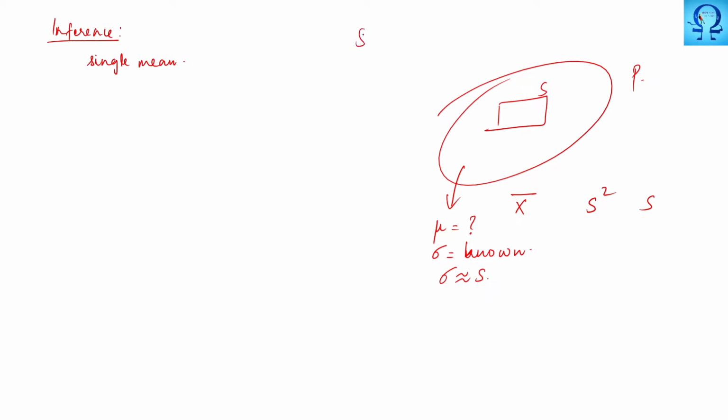We generally take it as n, and if n is bigger than or equal to 30, we consider this a large sample. In this case, with the help of the standard normal distribution, that is z, we perform all the calculation. When n is smaller than 30, we consider this a small sample.